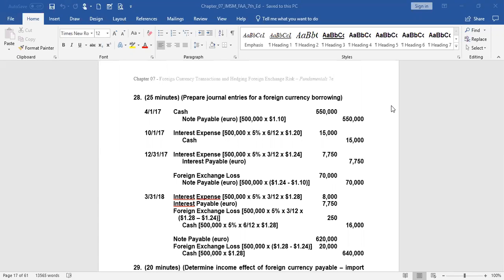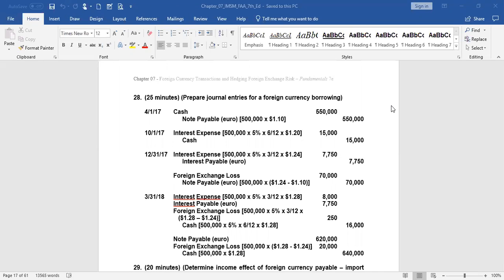Now with any note payable, the next significant date will be an interest payment date if it happens before the end of the year. And that's the case here. The first interest payment happens on October 1st. So we need to calculate how much interest in dollars we'll actually be paying. Well, we don't calculate it on the $550,000 principal. No, we're paying interest on the euros.